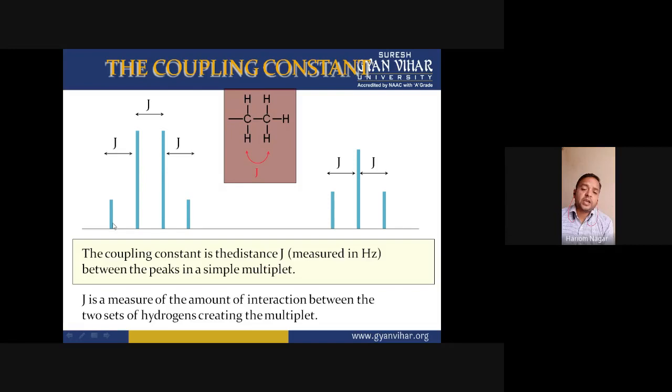The peak area ratio or peak intensity ratio of these four peaks is 1:3:3:1. This depends upon the extent of the interaction of this proton with the spin orientation of these protons.